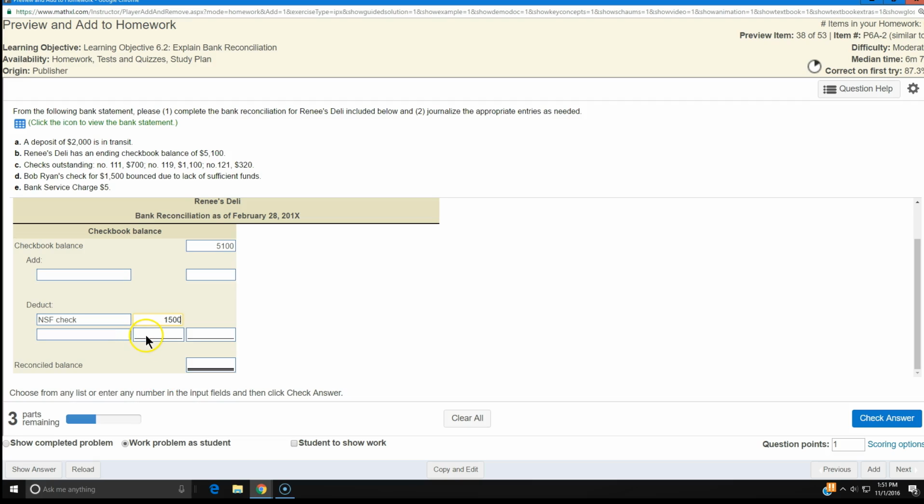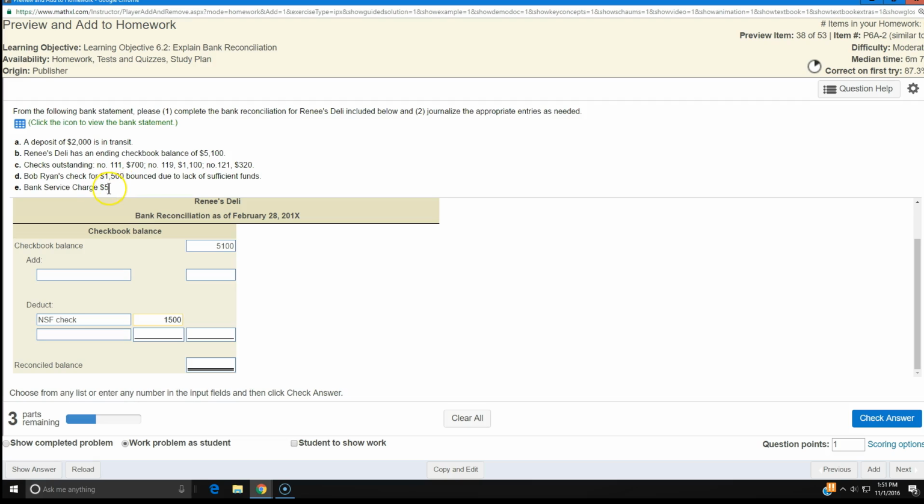Now what's done on the book side of the reconciliation will agree with what has been done on the bank side. That's the purpose of reconciling, to bring the two balances into agreement with one another. What one guy has done and the other hasn't, you got to do to the other guy what the first guy did.